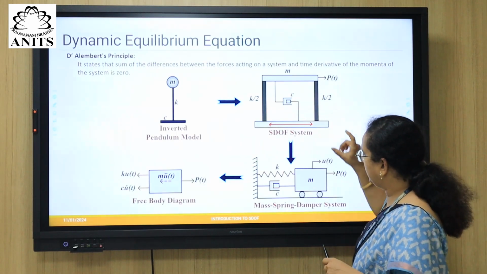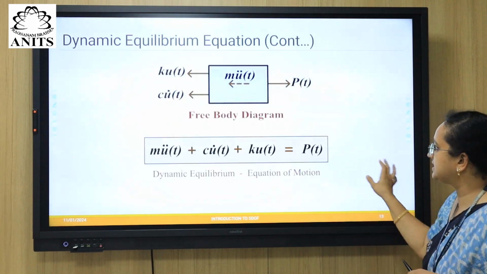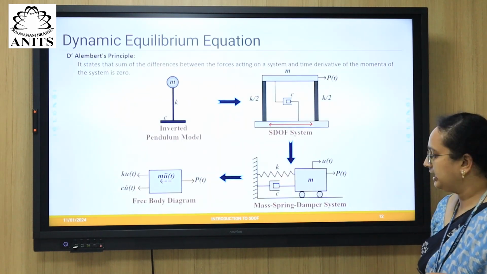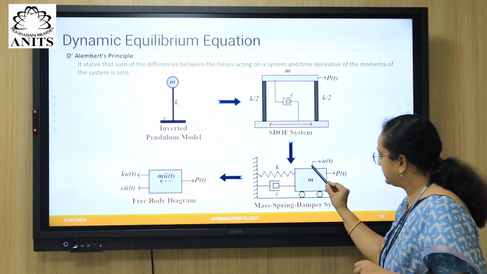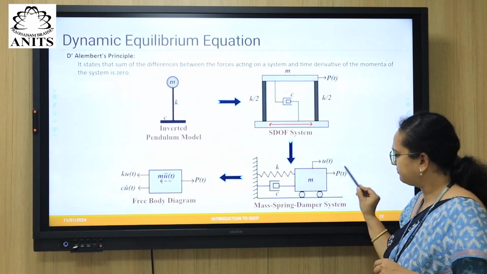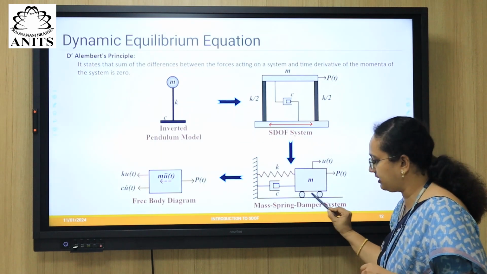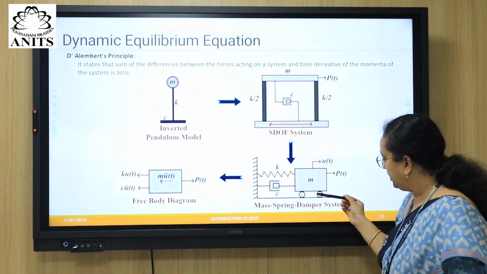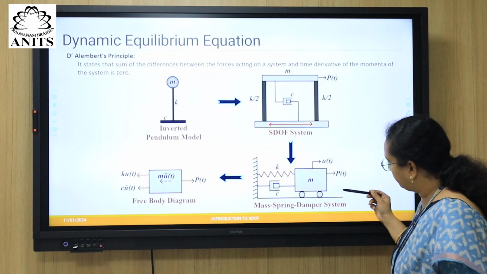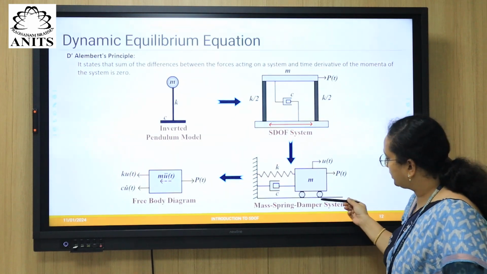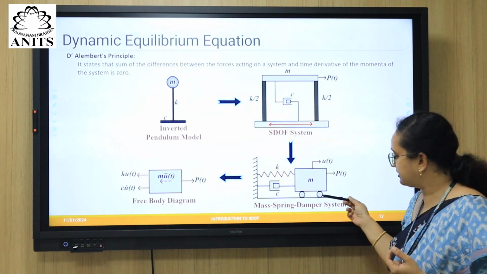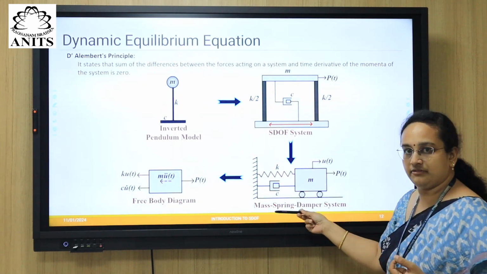Now from this, we can assume it as a mass spring damper system. We can say that the mass is here, M, which is present on 2 rollers which are frictionless. We assume that the friction from the floor to the mass is 0, so there is no additional resistance being offered at the floor.